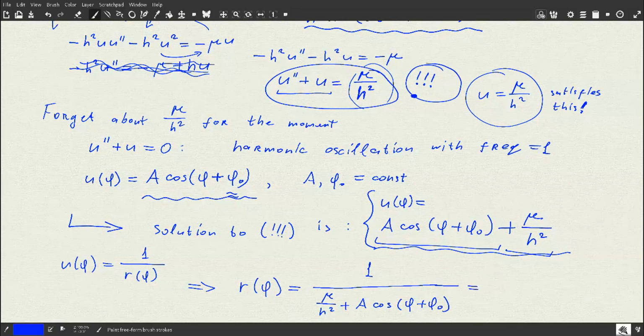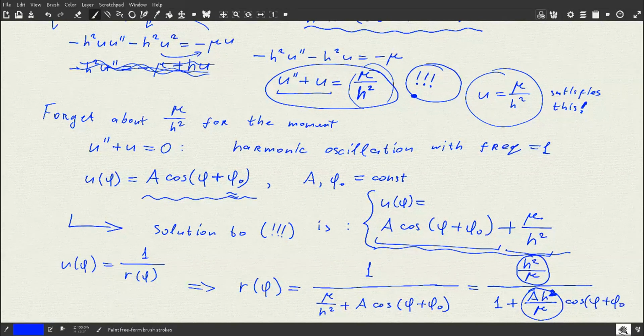Or, multiplying the numerator and the denominator by h squared over mu, we have h squared over mu divided by 1 plus A h squared over mu, which is also a constant, times cosine phi plus phi 0.